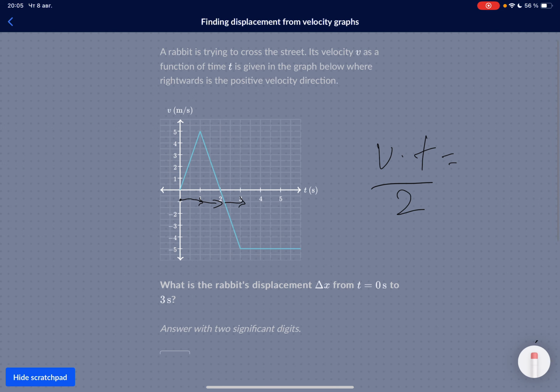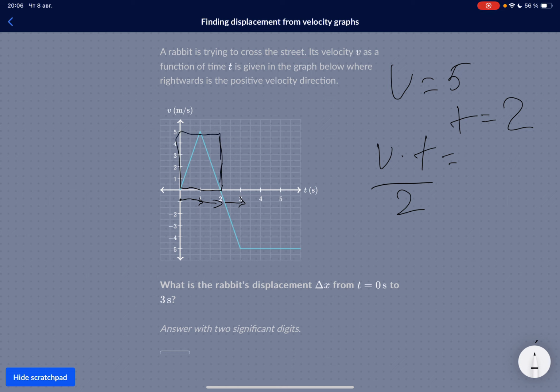So let me try. If the velocity is 5 and the time is, we should firstly find the positive ones and then the negative ones, and then add. Time would be 2 because it's the only positive side, right?